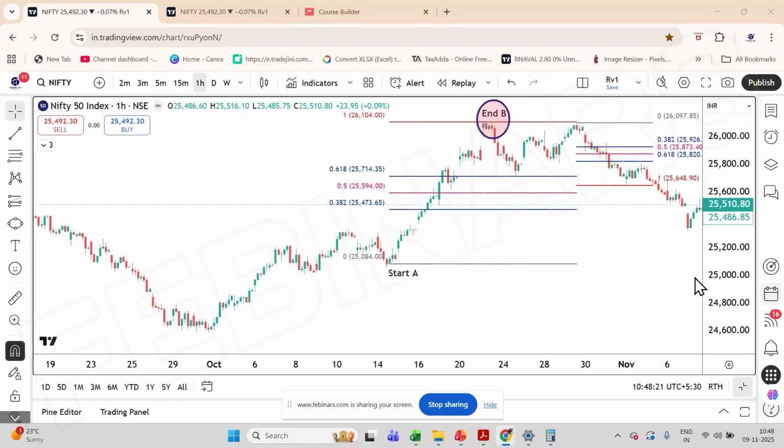When the price starts moving from start here and the price reverses with this big candle, that is the reversal point. So from swing high to swing low, then only you are going to know the end point is there.